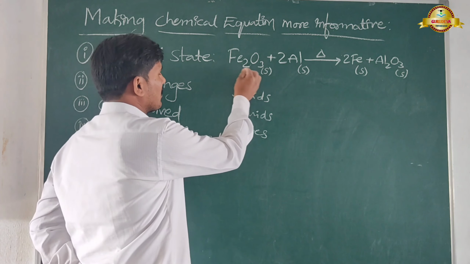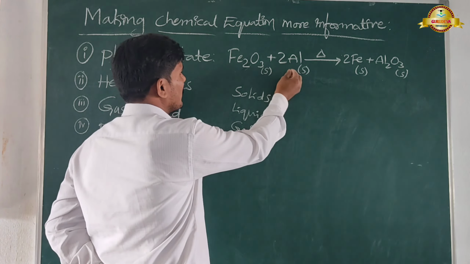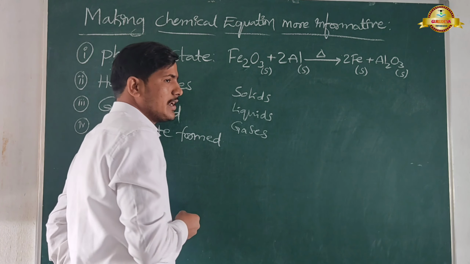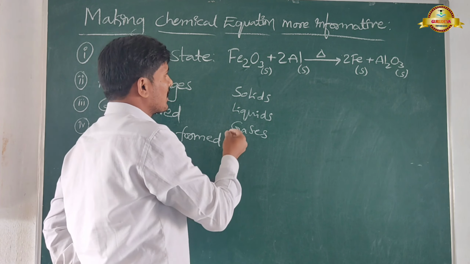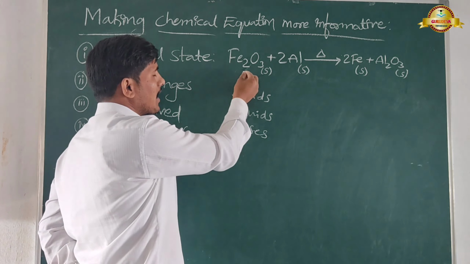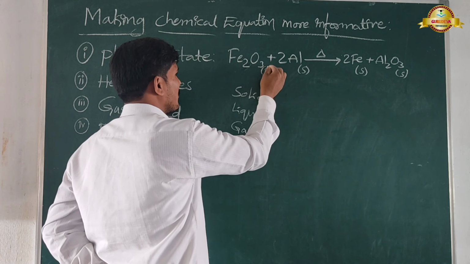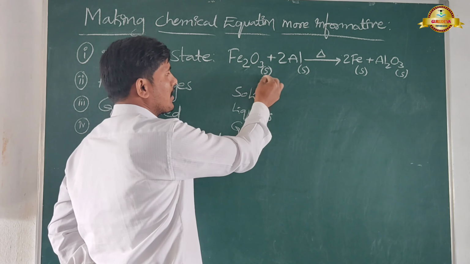Take for example iron oxide. Iron oxide when treated with aluminium, it will form iron and aluminium trioxide. In this chemical reaction, in which state is the iron oxide present? By using the subscript S, that means the iron oxide is present in the state of solid.